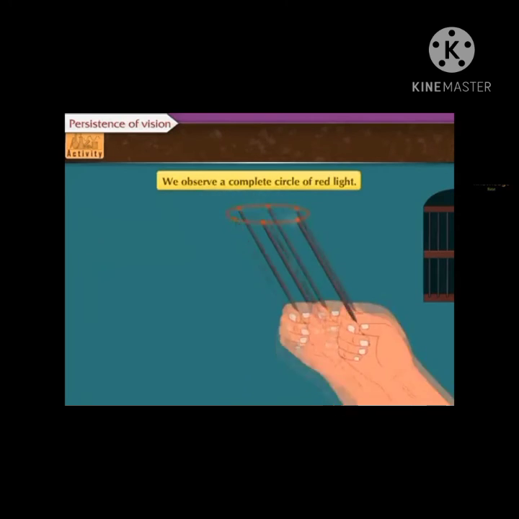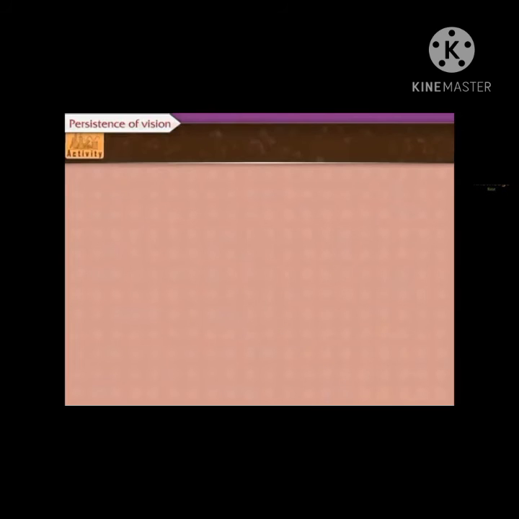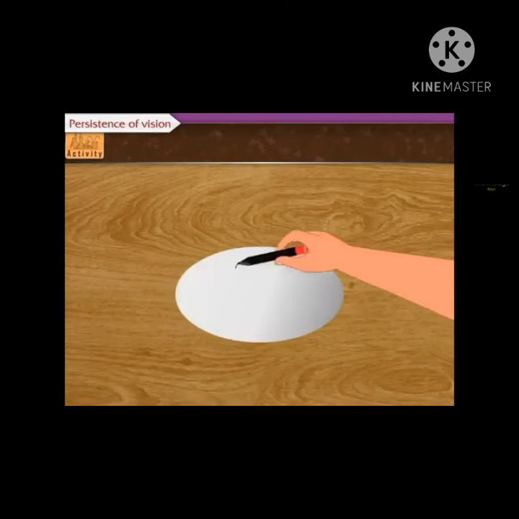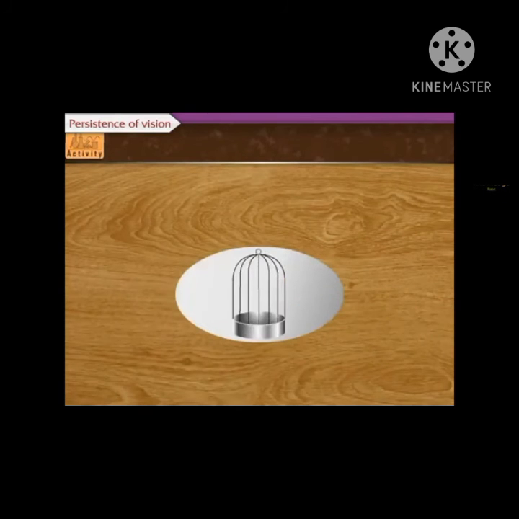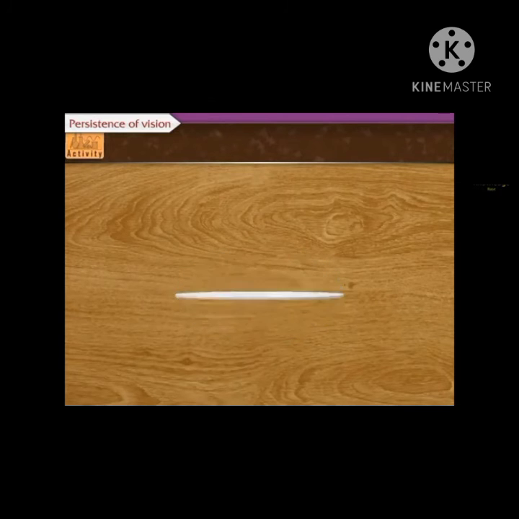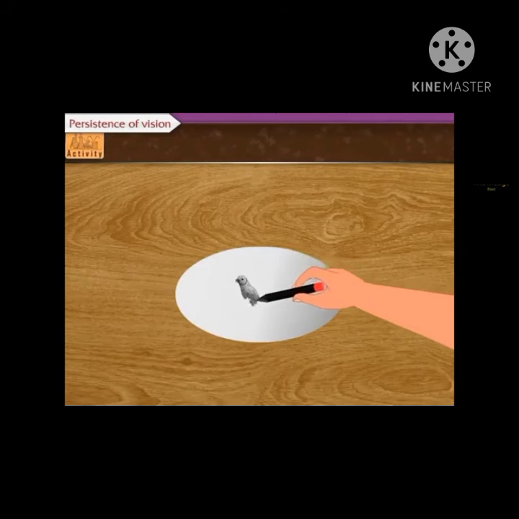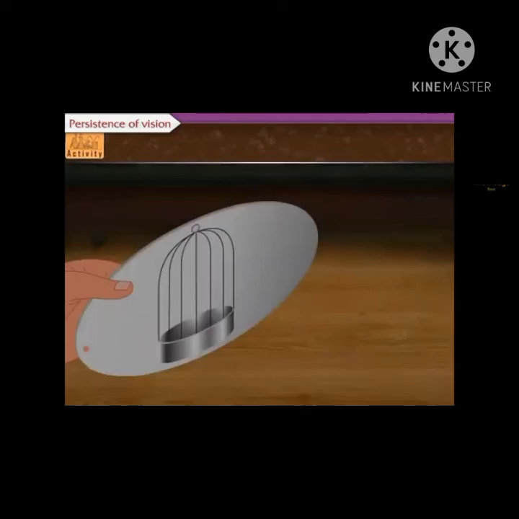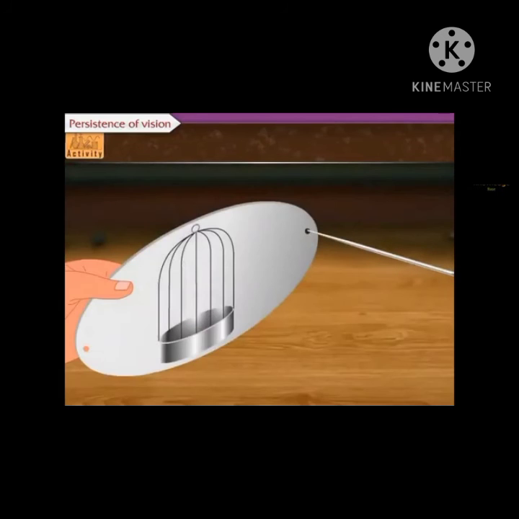Let us perform another activity. Activity 2. Let us draw a picture of an empty cage on one side of a piece of cardboard. Now let us draw a bird on the other side of the cardboard. Let us make two small holes on either side of the cardboard piece.